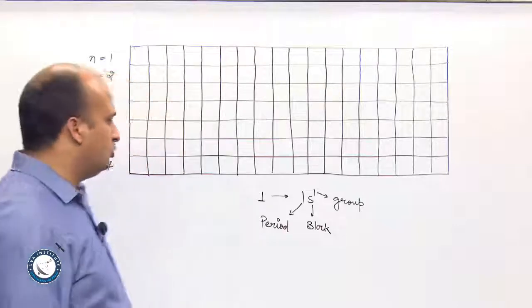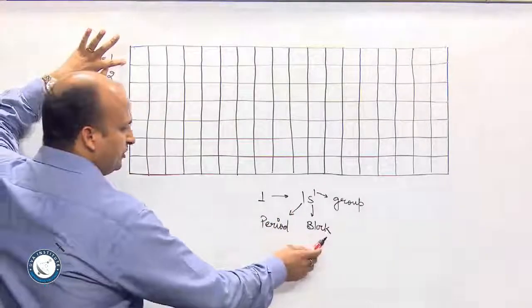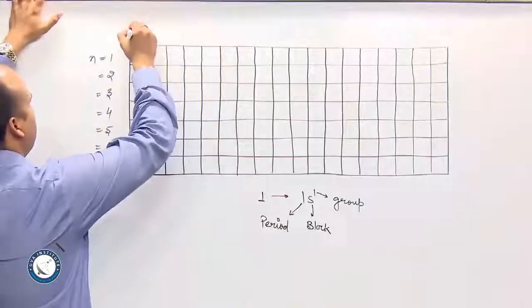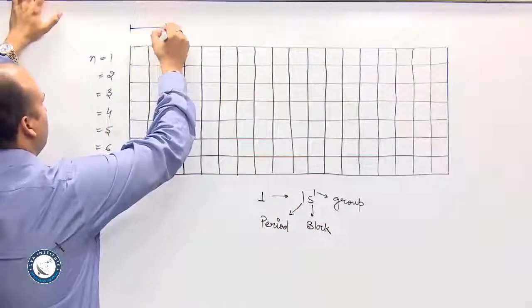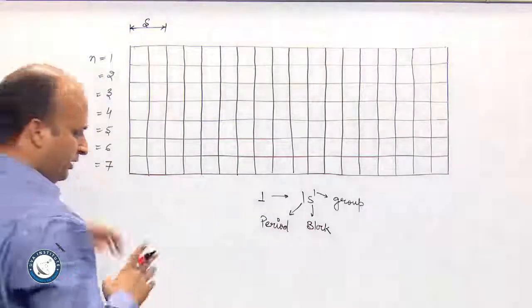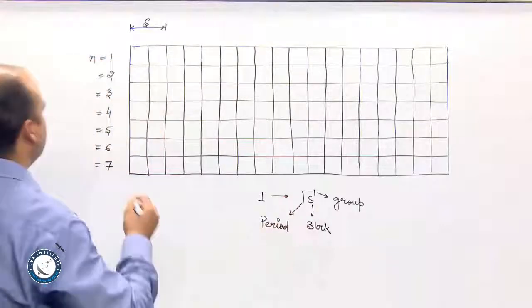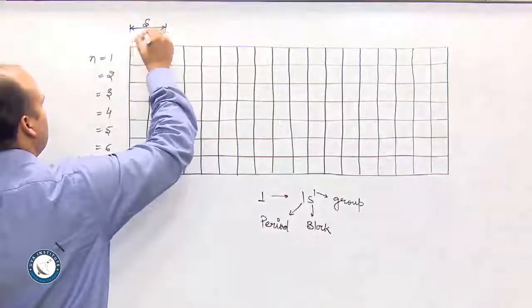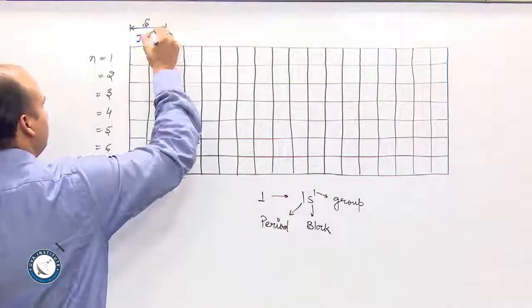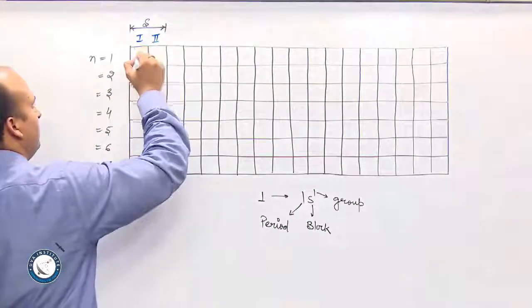So when I am saying it is in the first period, it should lie over here, in the s block. So let me make the s block. This is the s block, and in the s block it is in the first group. Say this is the first group, this is the second group. So atomic number 1 will be written over here.